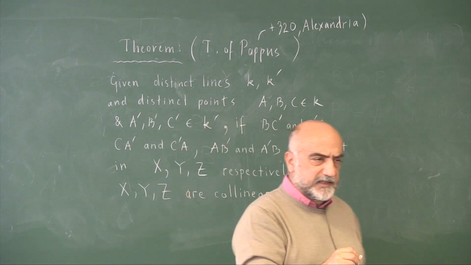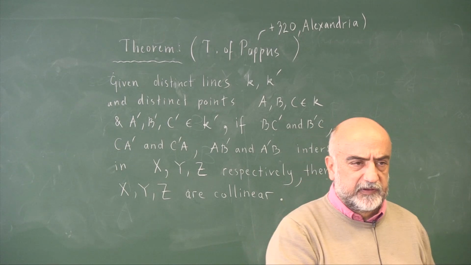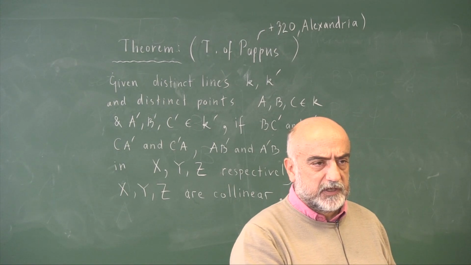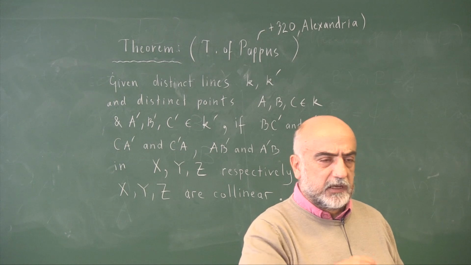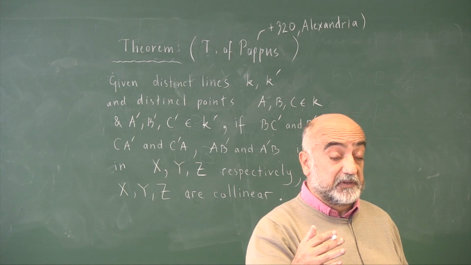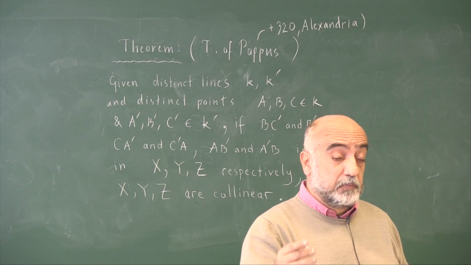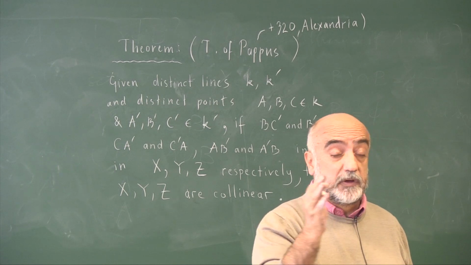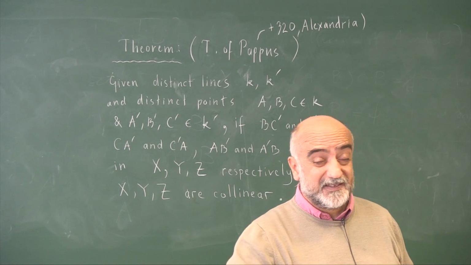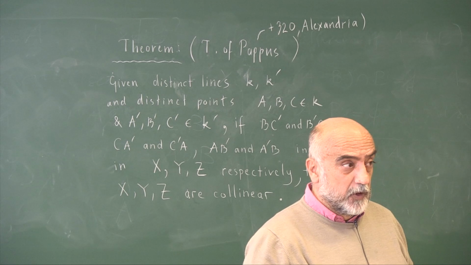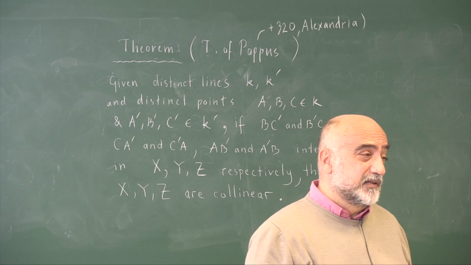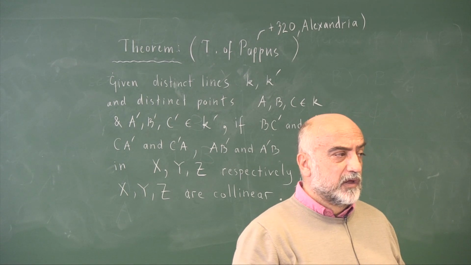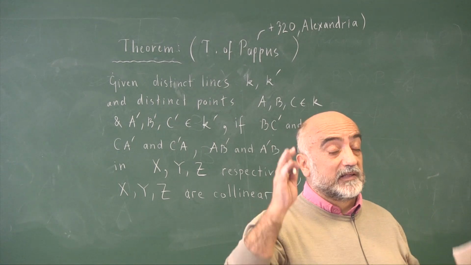Now once again, this is a result from which you can obtain special cases by pushing any of the points A, B, C, A prime, B prime, C prime into infinity, or taking any one of the lines, let's say K or K prime, and making them the line at infinity.